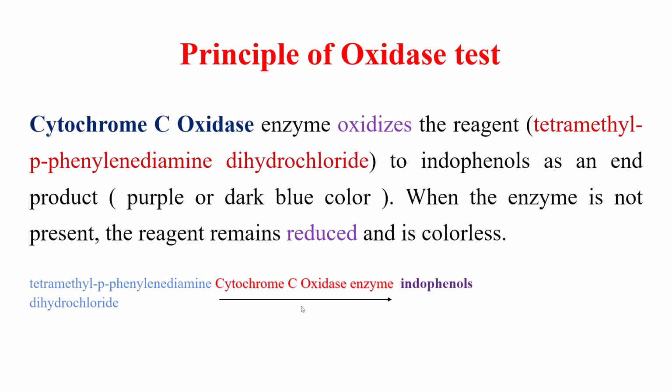The principle of the oxidase test: we have a reagent, the oxidase reagent, tetramethyl-p-phenylenediamine dihydrochloride. When the oxidase enzyme is present, the reagent is oxidized to indophenol, and the end product will be a purple or dark blue color. When the enzyme is not present, the reagent remains reduced and colorless.